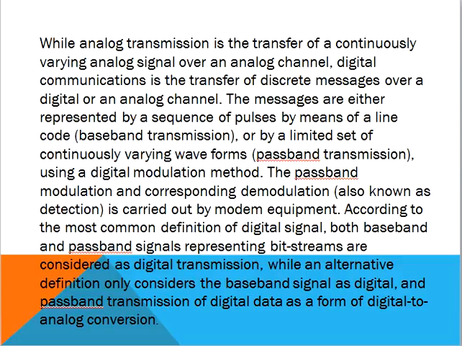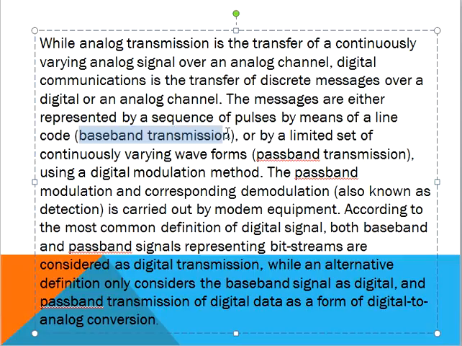The messages are either represented by a sequence of pulses by means of a line code, which is the baseband transmission, or by a limited set of continuously varying waveforms called passband transmission. I'm going to talk about these two in the next slide: the baseband transmission and passband transmission.